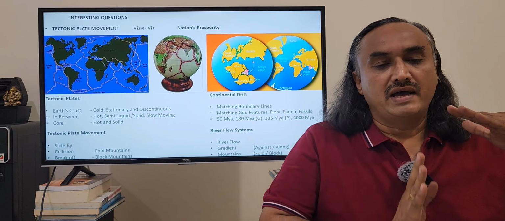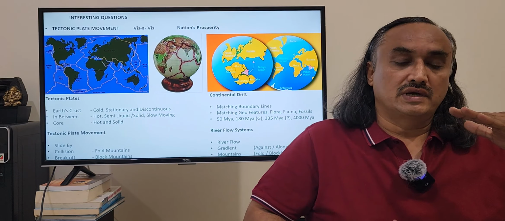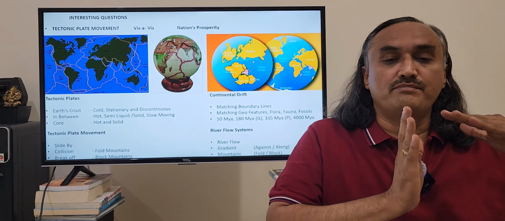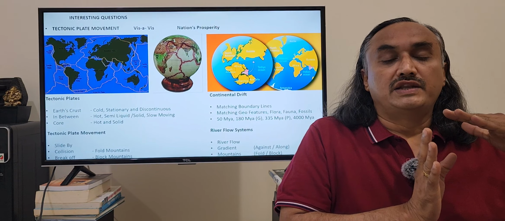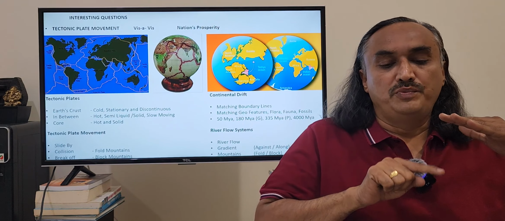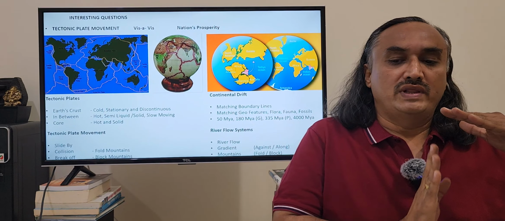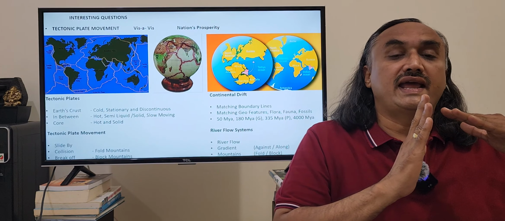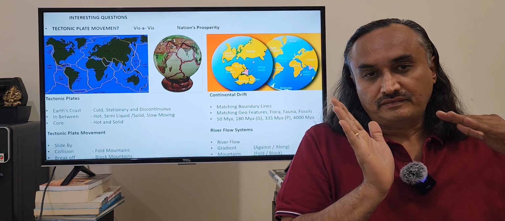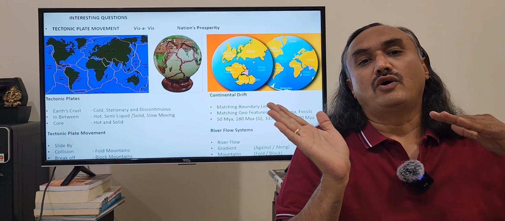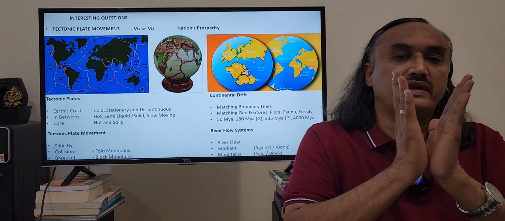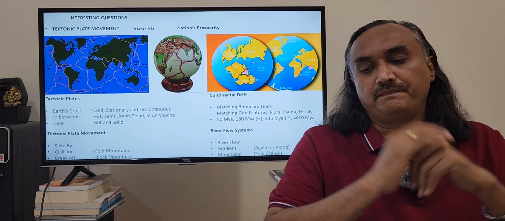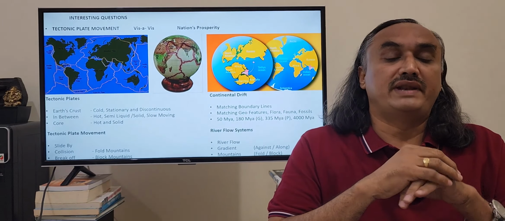And since the convection flow of magma is pushing up, it is facing the resistance of the crust. Obviously, its direction changes, and when the magma moves this way, it takes along with it the continent also. So when you have two flows like this, these two continents break and they are taken away. But what happens when this breakage happens?